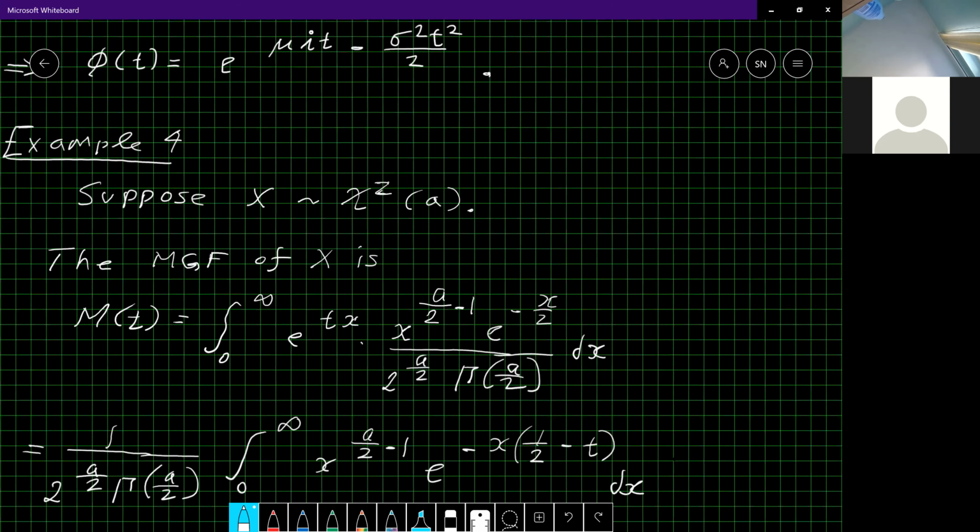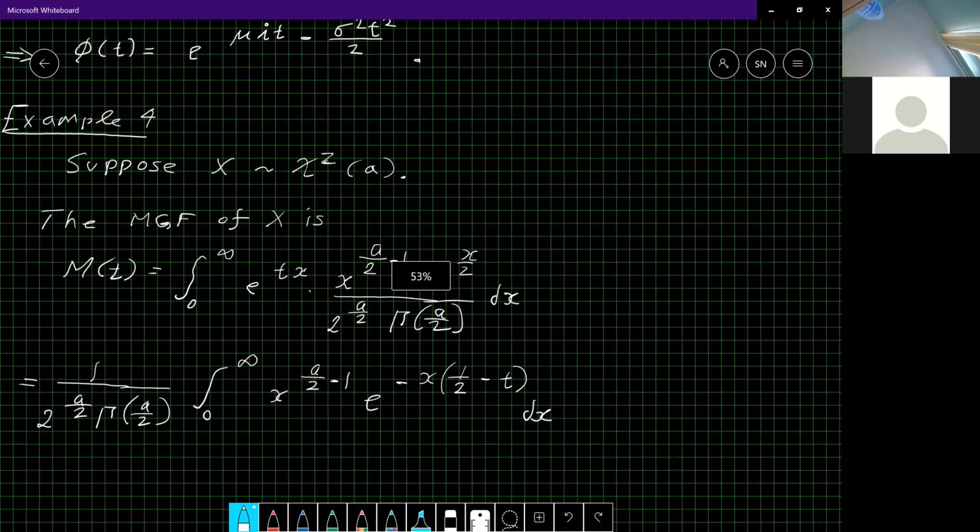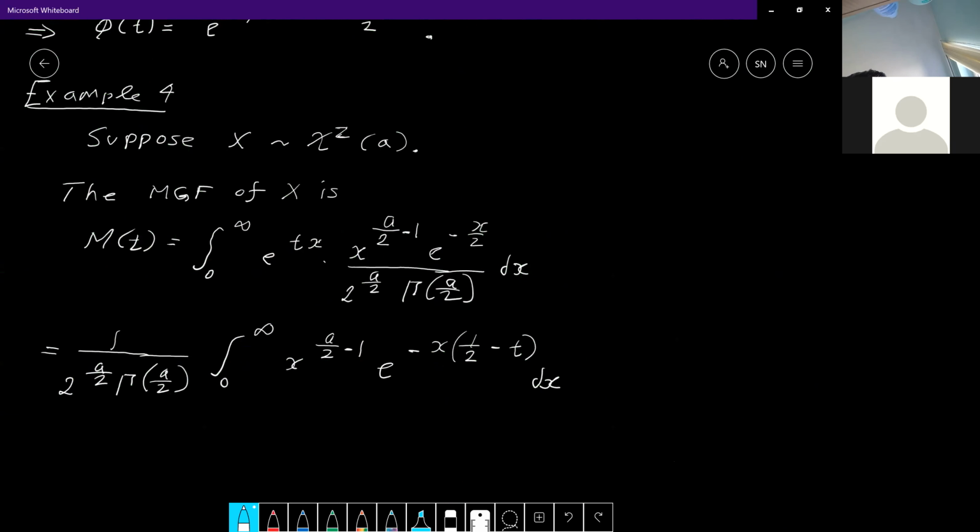Now to work out this integral, I'm going to use the definition of a gamma function, which I did yesterday also. So I'm going to make a substitution first of all. Set y equal to x times half minus t.